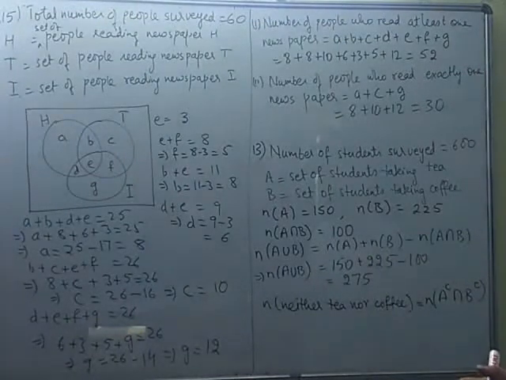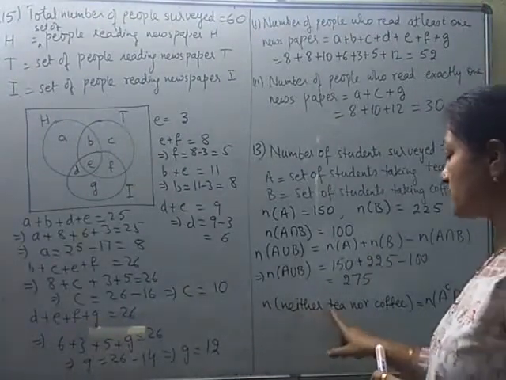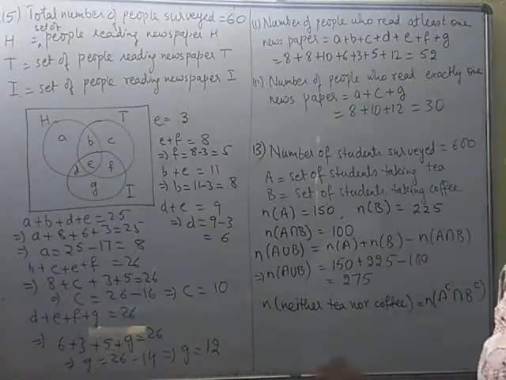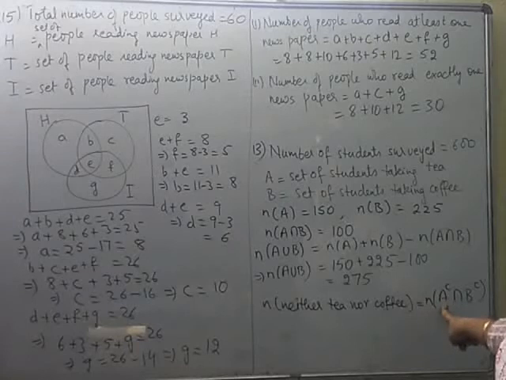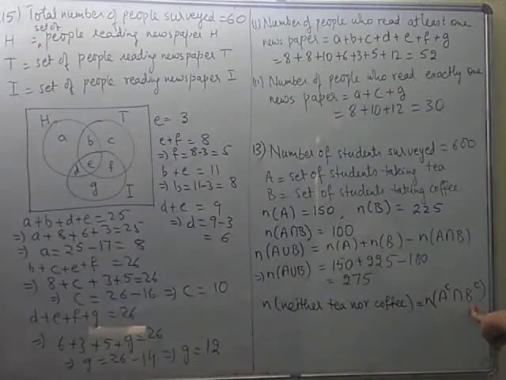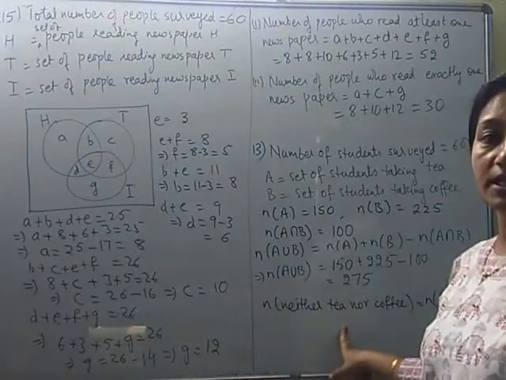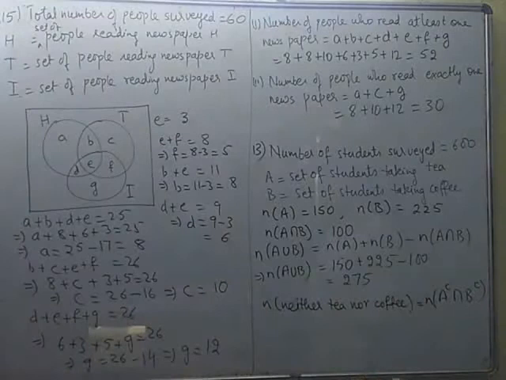Because it says the number of students neither taking tea nor coffee, will not take tea and will not take coffee. So not taking tea means in the set A complement, not taking coffee means in the set B complement. Intersection, because it is a compulsory condition. None of the drinks are to be taken.